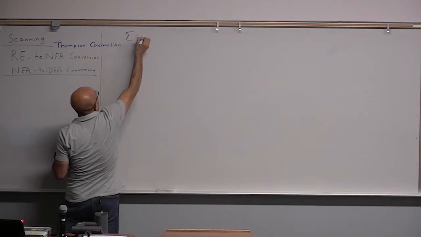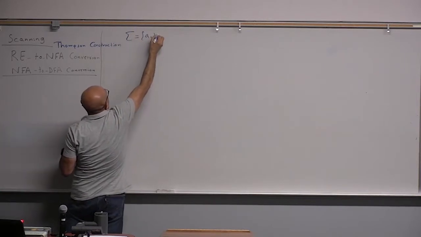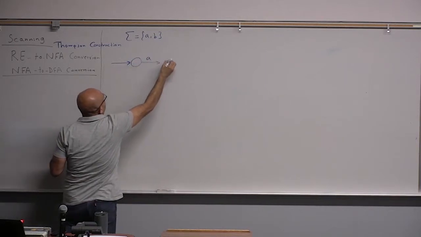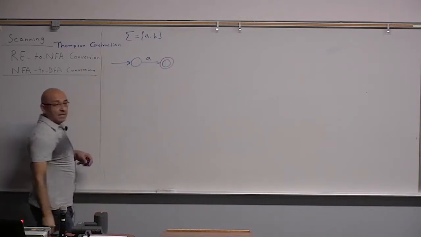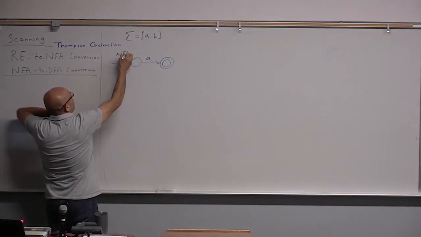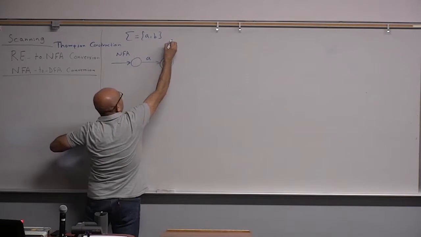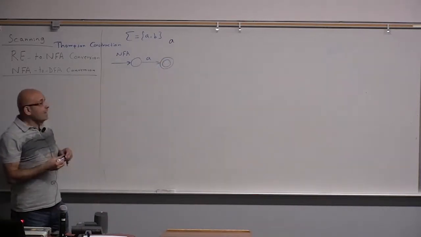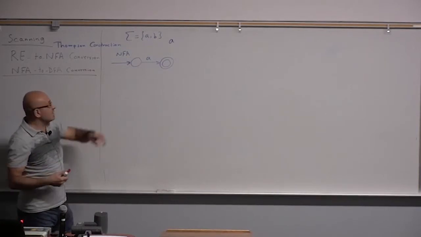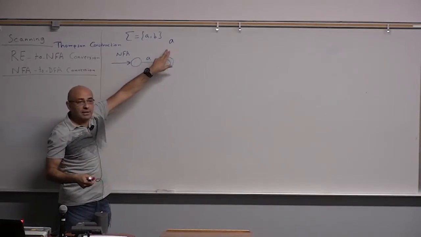Suppose our alphabet is A, B. This is a trivial NFA that will accept A. This is an NFA for the regular expression A. So A is a regular expression that consists of a single symbol, right?